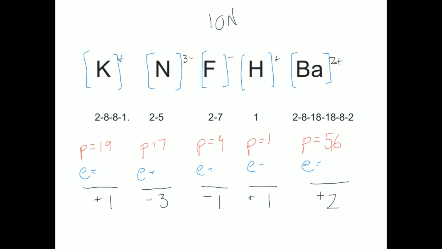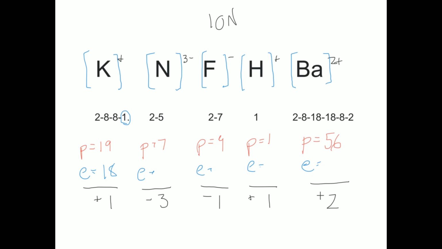So that means when I have a positive 1 charge, I must have 1 less electron. This means I should only have 18 electrons. To make 18 electrons, we're going to remove potassium's 1 valence electron from the atom. That means we'll have 0 dots.